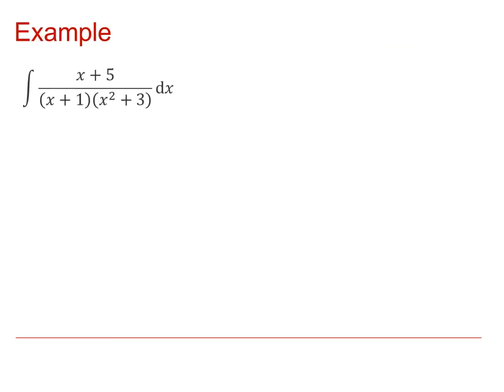The example I want to look at is this one here, because this time we've got a quadratic factor. So remember that when we split this into partial fractions, the expression will be a over x plus 1 plus bx plus c over x squared plus 3.